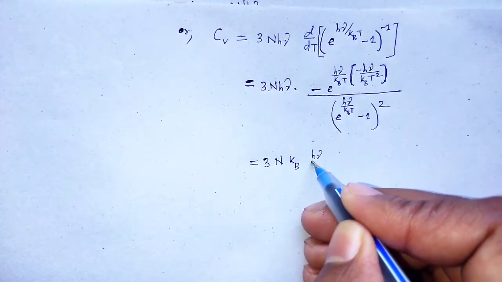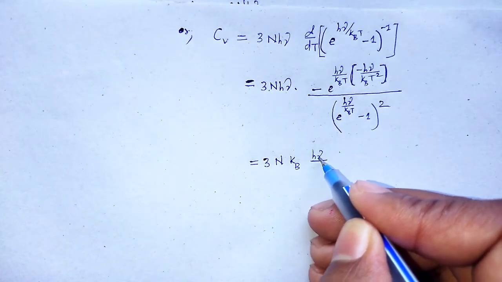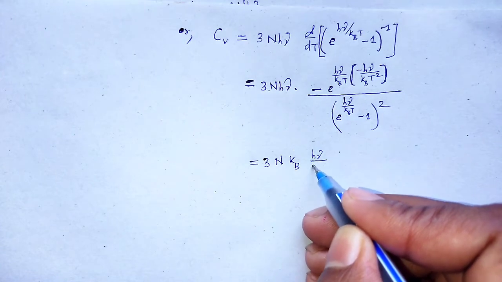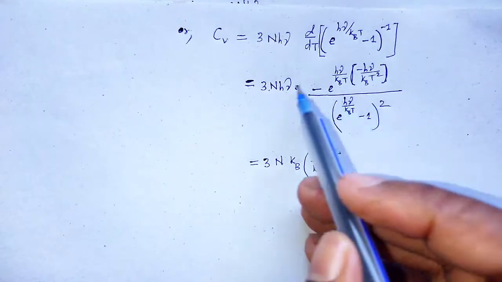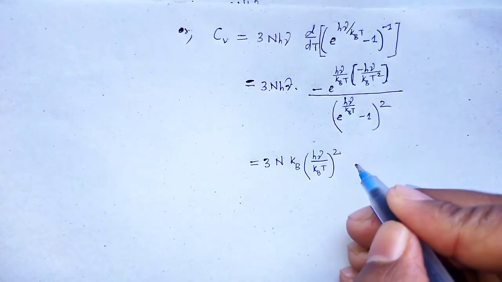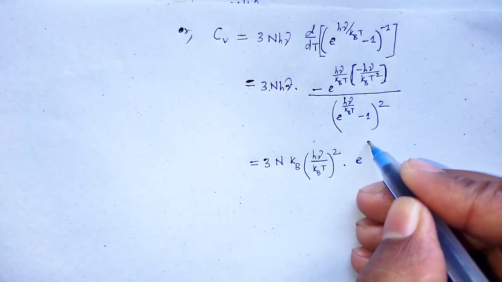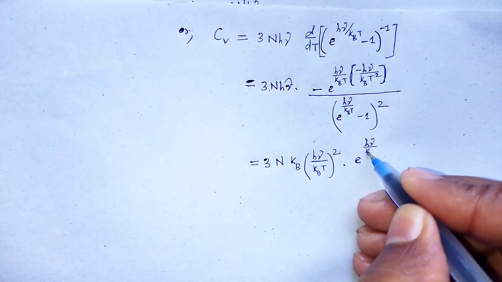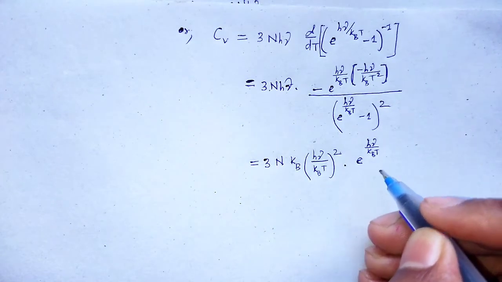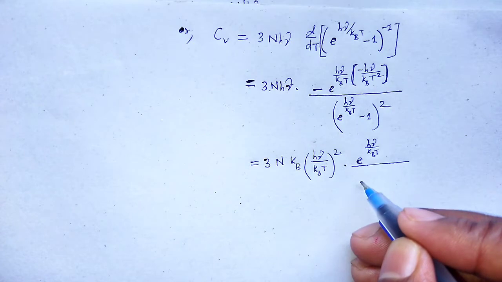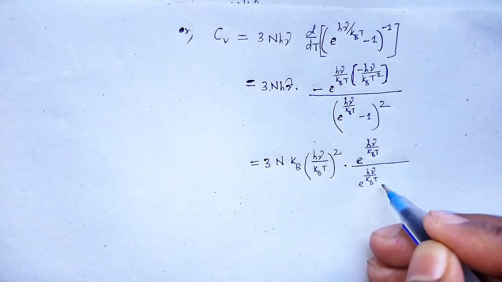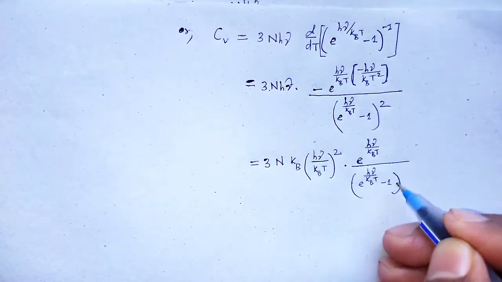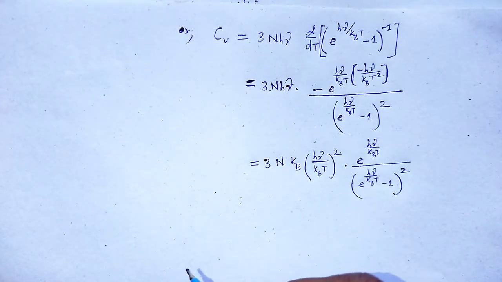So inside the bracket, h nu by kBT whole square, there will be no such change, e to the power h nu by kBT divided by e to the power h nu by kBT minus 1 whole square.